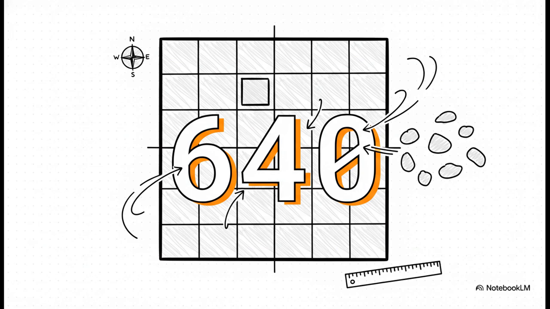So, the absolutely crucial point to remember for your exam is this exact number right here, 640. Because each section measures exactly 1 mile by 1 mile, every single section contains 640 acres. You really need to understand this relationship because questions calculating these measurements are basically guaranteed to show up on your test.